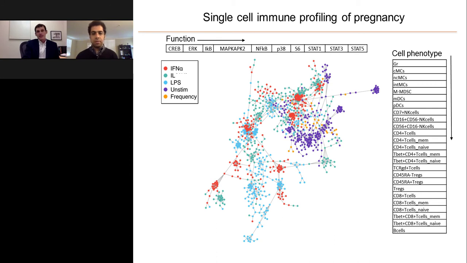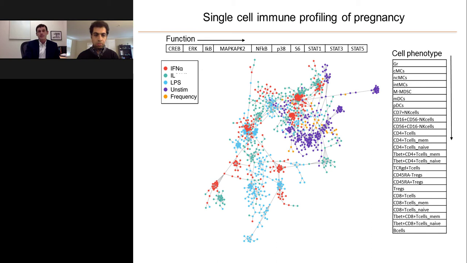So the yellow dots here are representing the frequency of each one of these cell subsets. But at the same time, we use 10 intracellular markers to look at the functional responses of these immune cells along the line of very canonical and important signaling pathways, the TLR pathways, the NF-kappa-B pathways, and then the JAK-STAT signaling pathways.